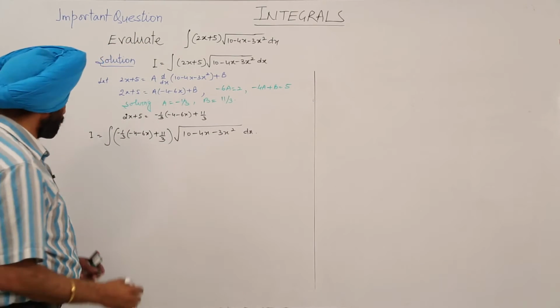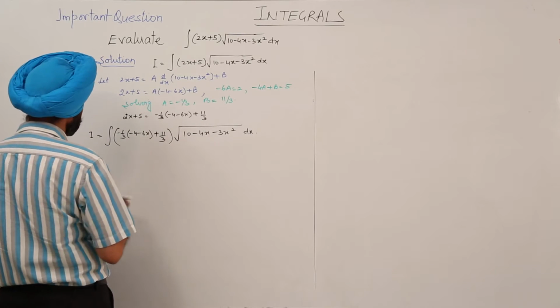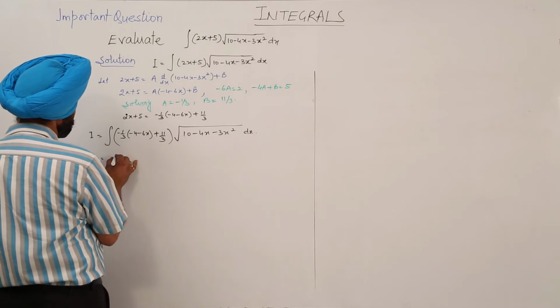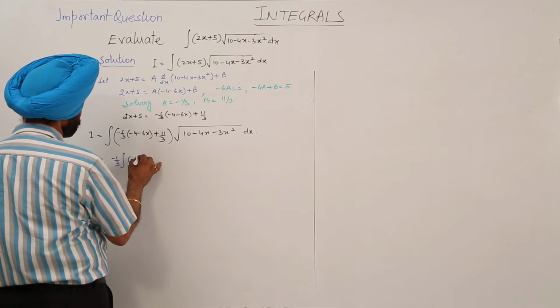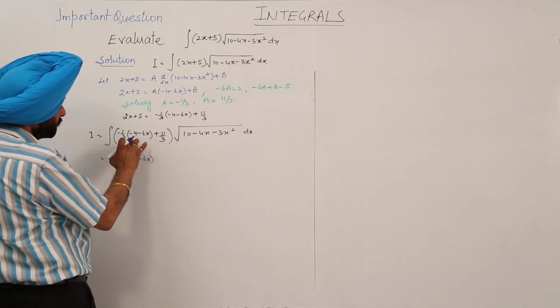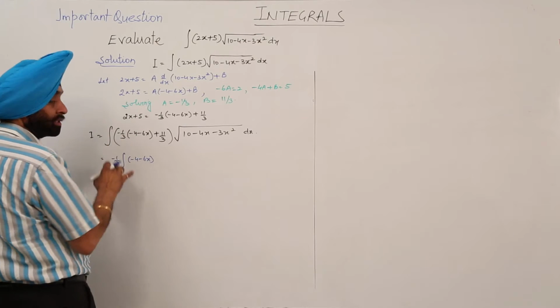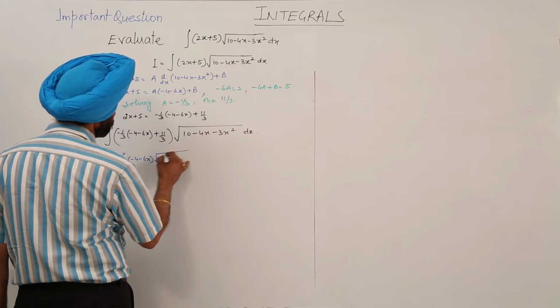Is it clear? Now here we split it, we get -1/3 integration of (-4 - 6x). Leave this as it is. Don't try to take the minus outside and make this positive, because then it will waste a lot of time in solving the question.